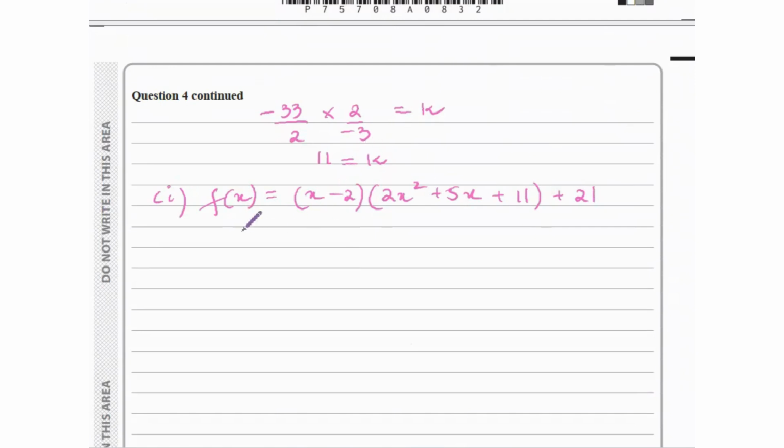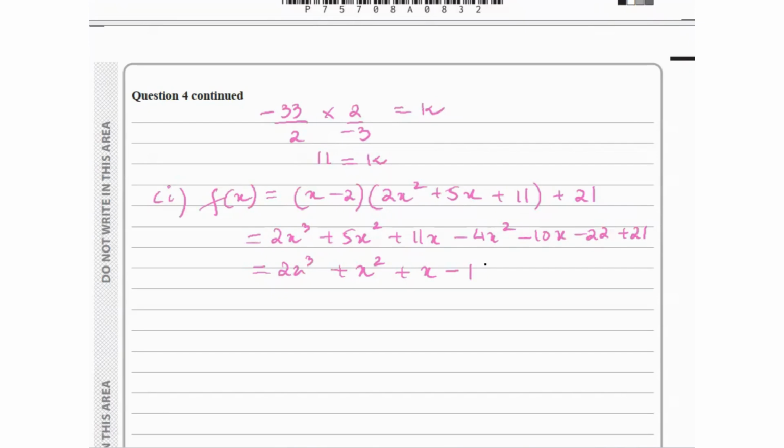Let's expand the bracket. So 2x cubed plus 5x squared plus 11x minus 4x squared minus 10x minus 22 plus 21. 2x cubed plus x squared plus x minus 1.